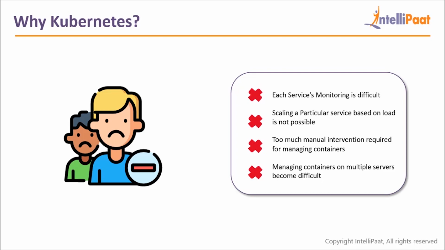You had to keep someone monitoring your usage of the containers, and only if they felt that your container was being overutilized, or your container had died for some reason, then it was manually updated: let's launch a new container and let's scale down or delete the other container. So because of this, like I said, there was too much manual intervention required from the programmer's end.